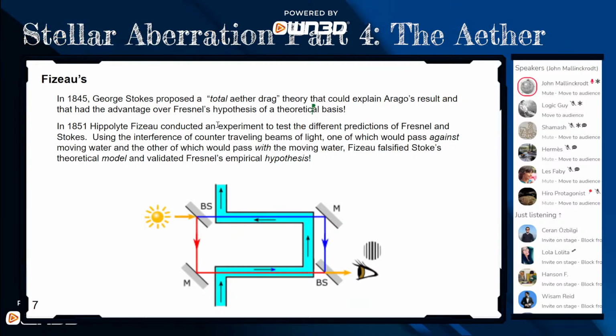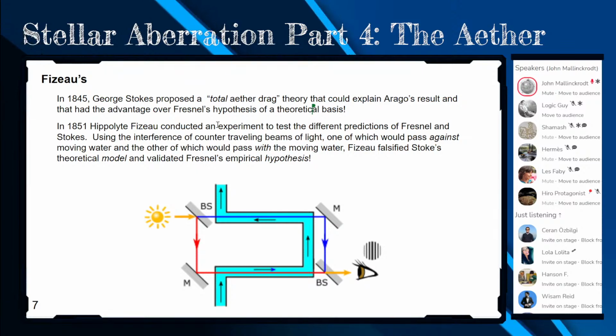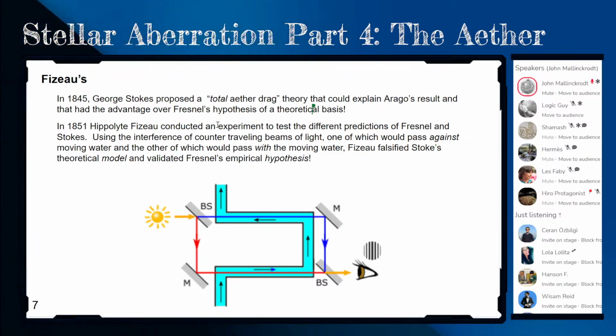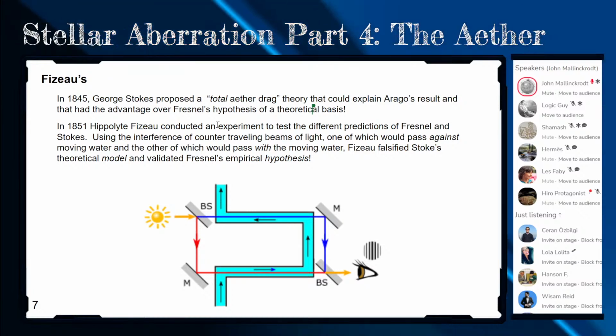And now you change the velocity of the water. That makes the blue beam travel even a little slower and the red beam travel even a little faster. And that changes the interference. That's all we really have to say, is that it changes the interference. If you do a careful mathematical calculation, you can determine how much it changed.